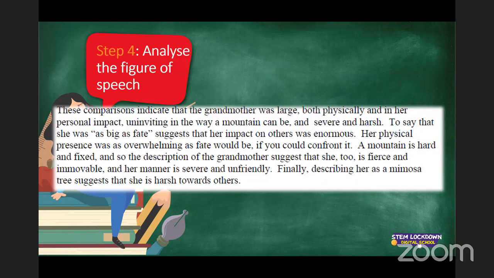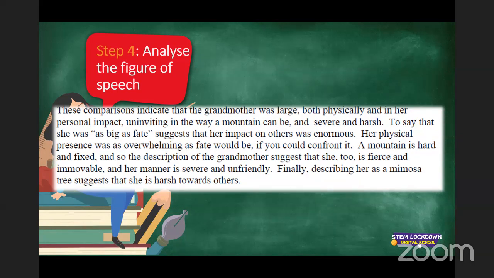To say that she was as big as fate suggests that her impact on others was enormous. Her physical presence was as overwhelming as fate would be if you could confront it. A mountain is hard and fixed, and so the description suggests that she too is fierce and immovable, and her manner is severe and unfriendly.